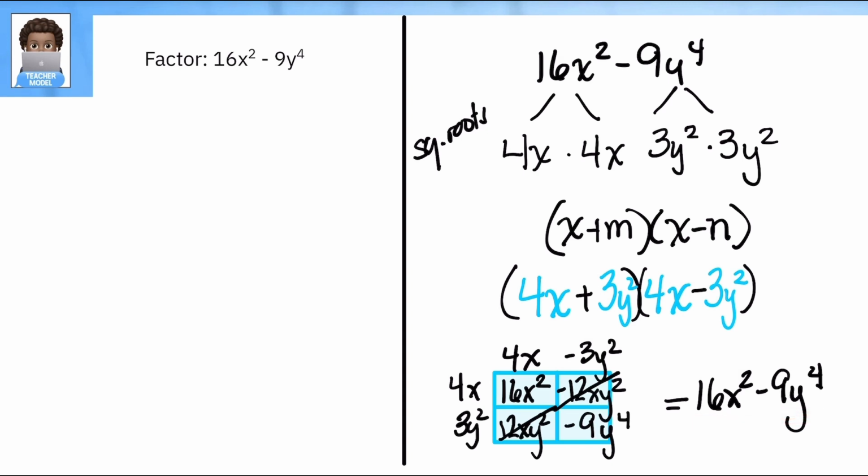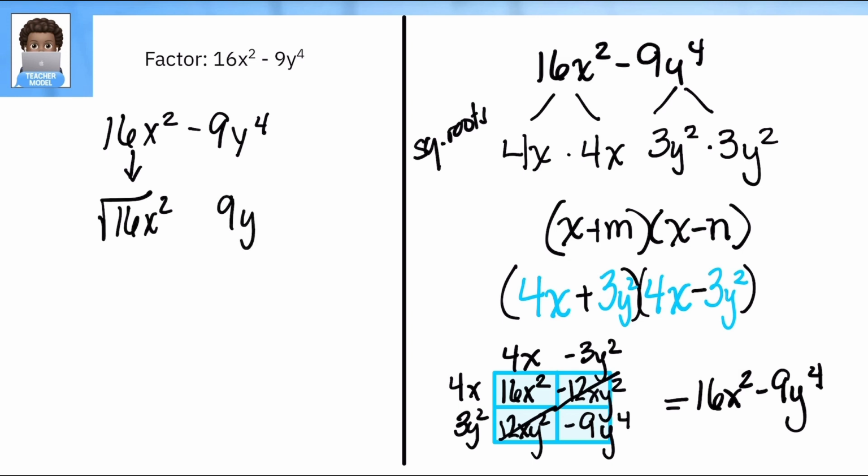Now I'll show you with the more compacted way what this looks like. And I know for many of you, in your mind you're already finding the square roots of both numbers. So you're kind of already doing this in your heads, but we want to make sure we see the work.